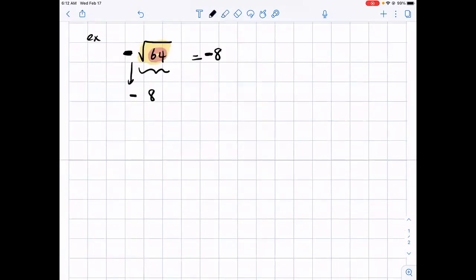So by definition, for any positive square root, for example, if we have the square root of x and we square this, that is equal to x, assuming x is greater than or equal to 0.